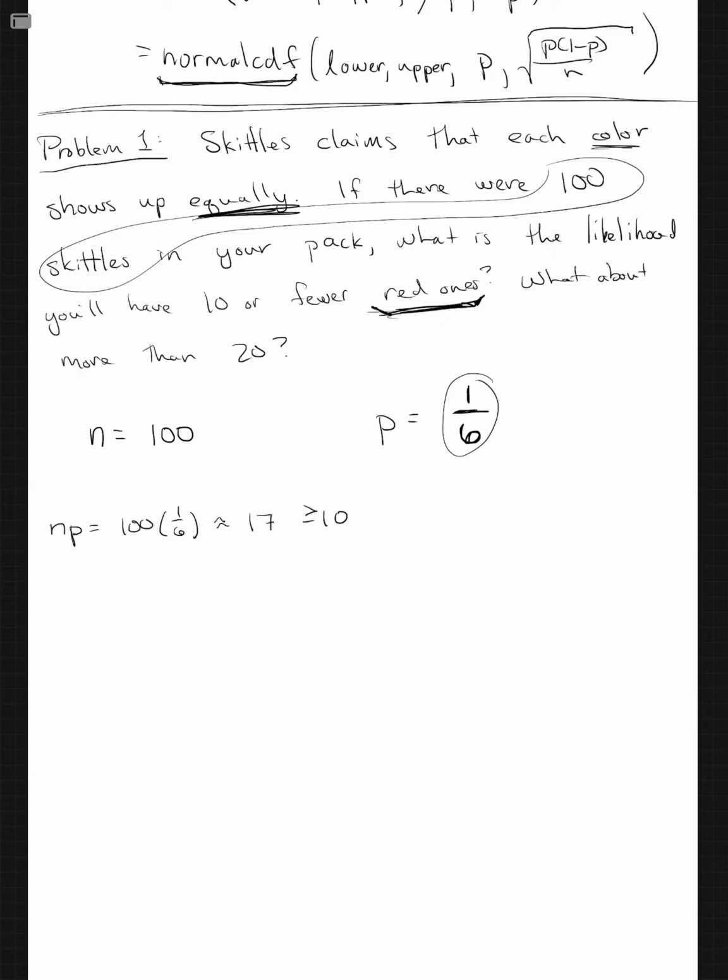That's definitely bigger than 10. And we also want N times 1 minus P, which is 100 times 1 minus 1/6, which is 100 times 6 over 6. Get ourselves a common denominator, and then subtract those fractions.